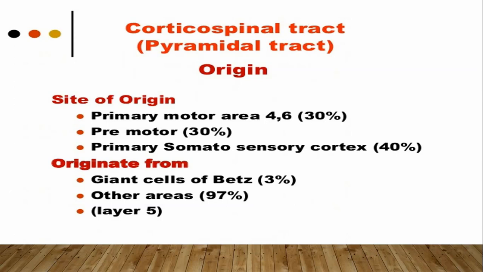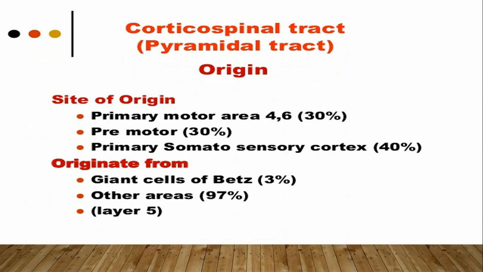The giant cells of Betz are giant pyramidal cells with a cell body of 120 micrometers, and the other area is layer 5.